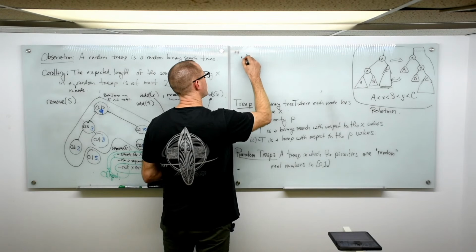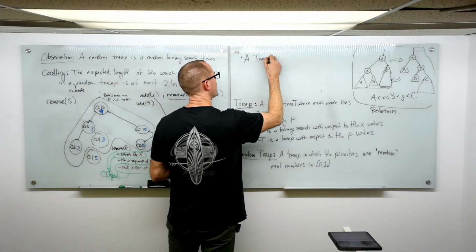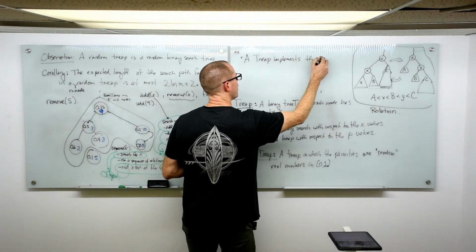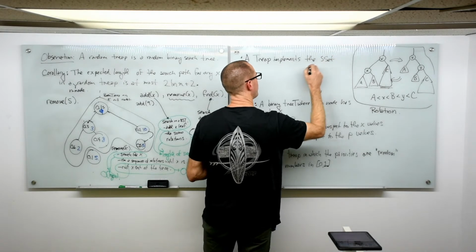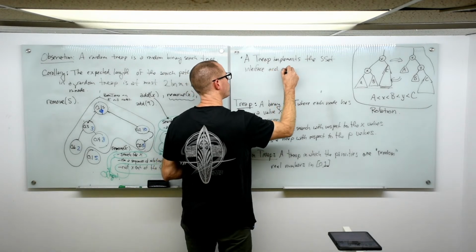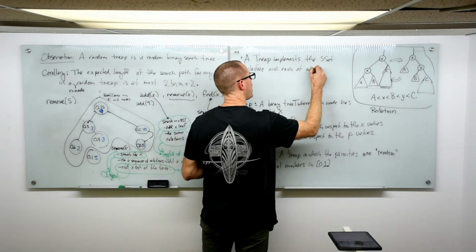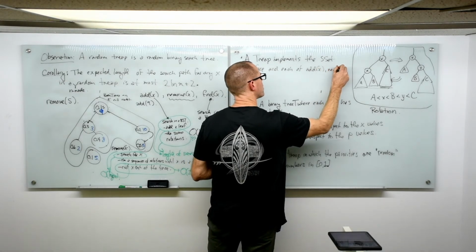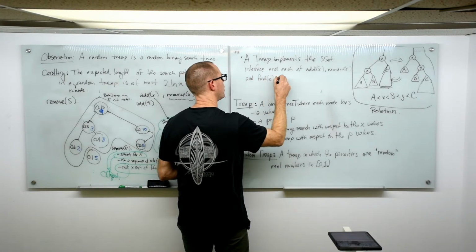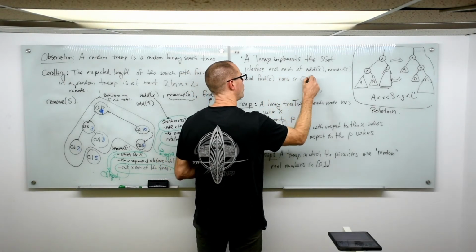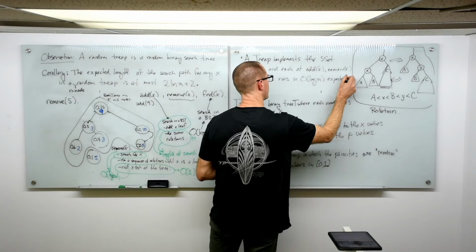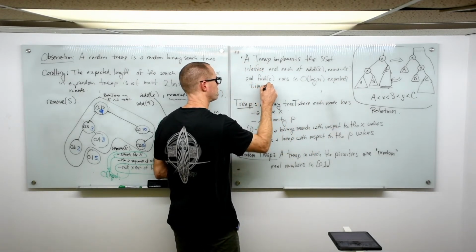In the book, this is just called the treap, and that is that a treap implements the S-set interface, and each of add x, remove x, and find x runs in O of log n expected time. Okay.